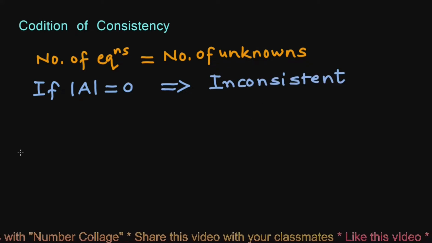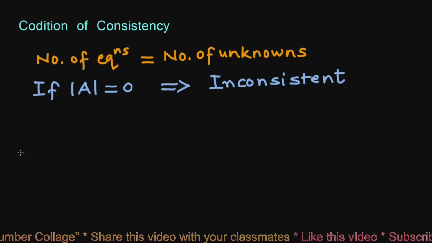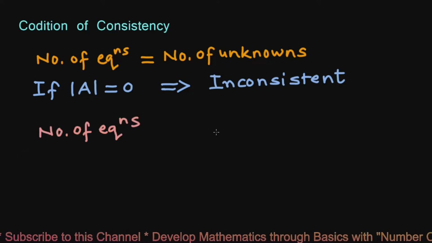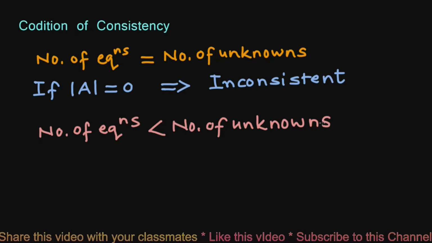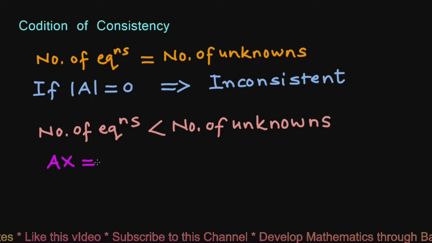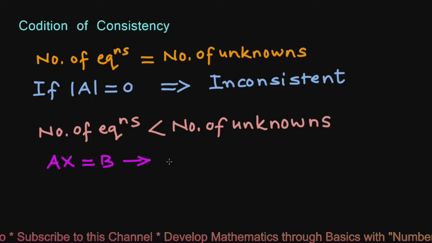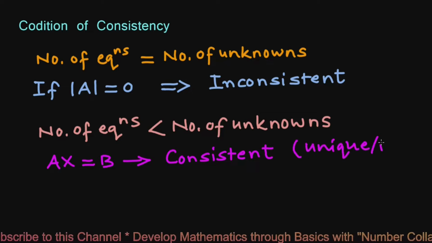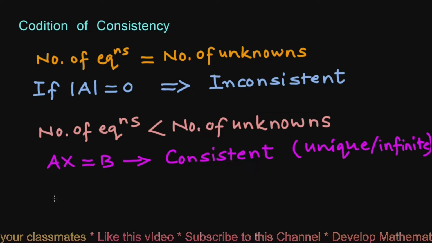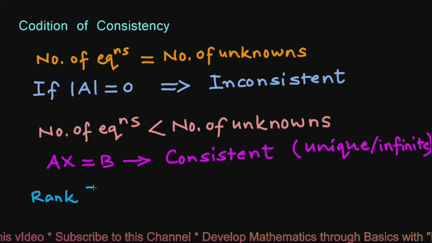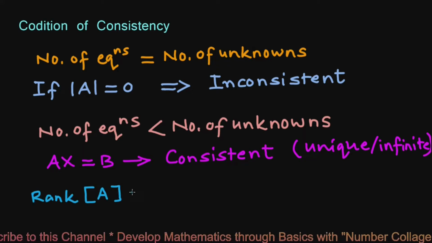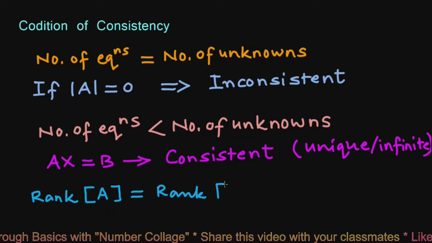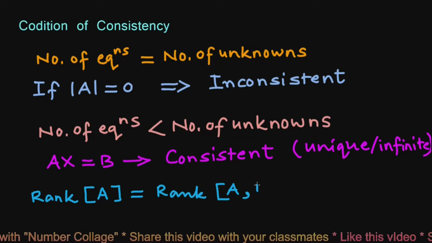If, however, the number of equations is less than the number of unknowns, the system of equations Ax equals b is consistent, that is, possesses a unique or infinite solutions, provided that the rank of the coefficient matrix A equals the rank of the augmented matrix (A, B).